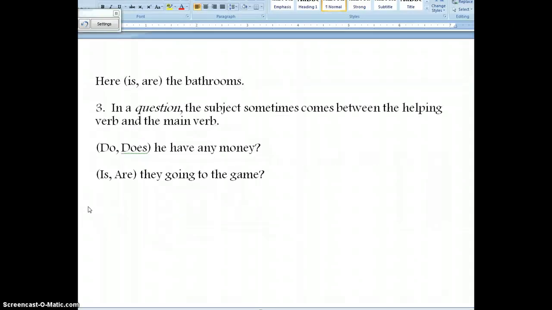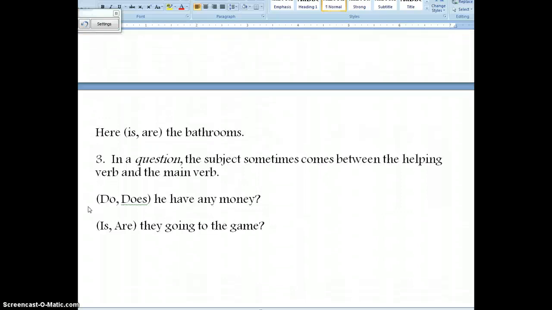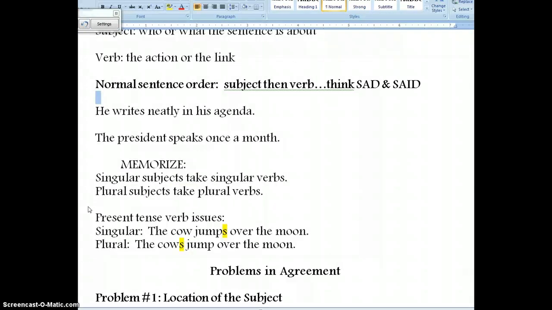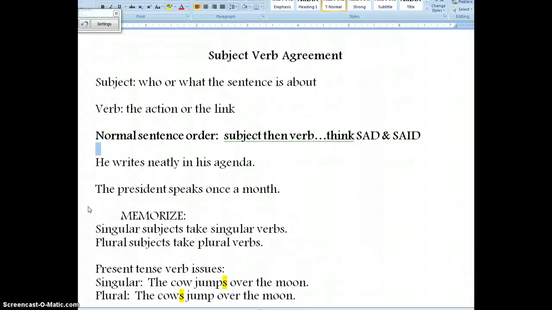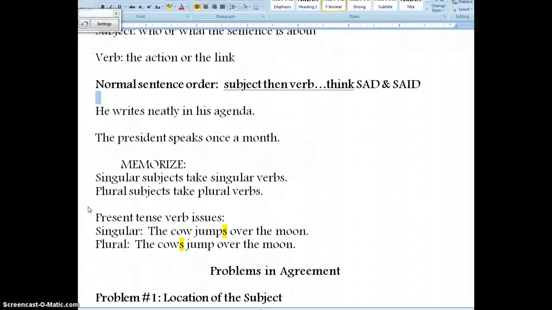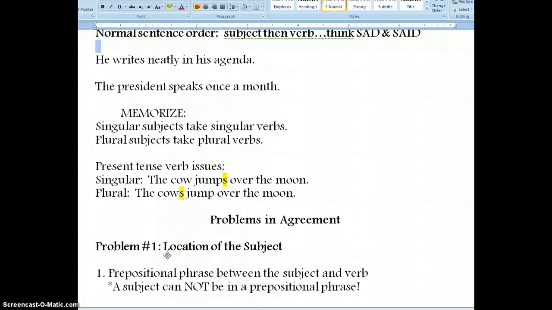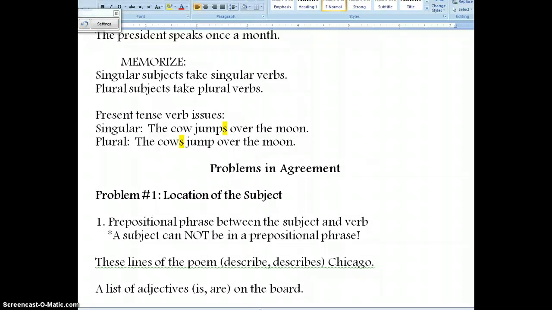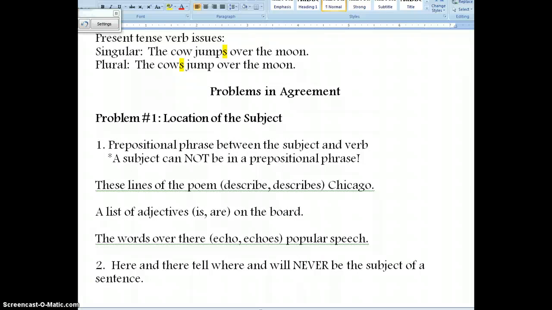Okay, so to recap, you need to know normal sentence order is usually the subject first and then the verb. You need to know that present tense singular verbs have an S on the end, and present tense plural verbs have no S. The S would be on the subject. The first problem is locating the subject, and within locating the subject you have three issues.